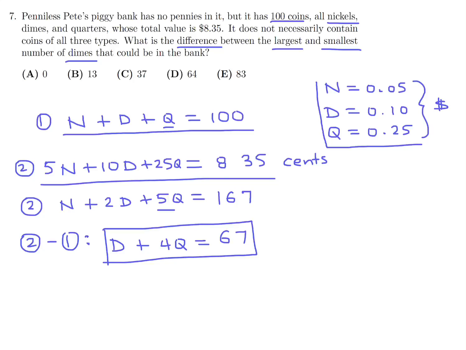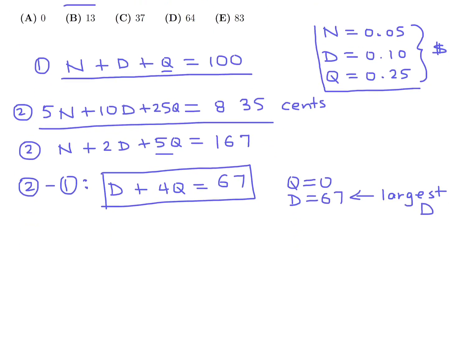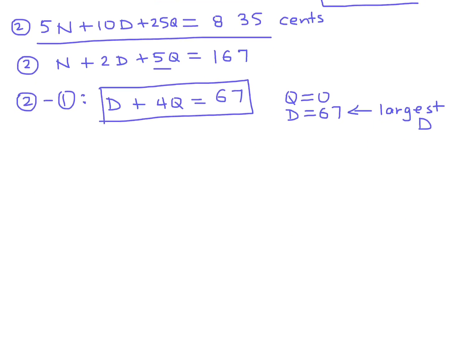If we have 0 quarters, if Q is equal to 0, that would mean D would equal 67. And therefore, that is the largest possible value for D. All right, now let's find the smallest possible value for D. Well, can D equal 0?